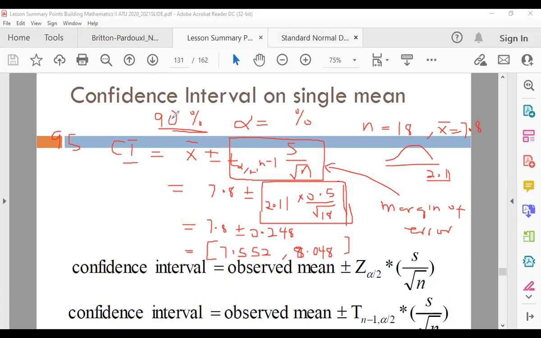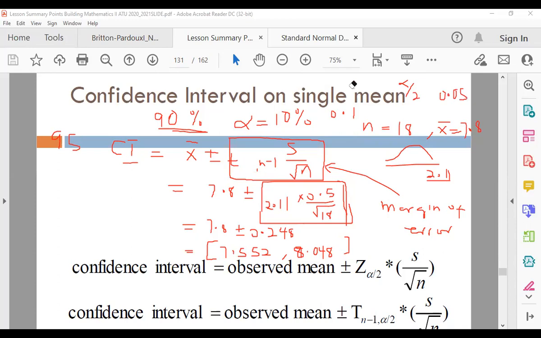If it's a 90% confidence interval, then our alpha is 10%, which is 0.1. Since confidence intervals are always two-tailed, we have alpha over 2, which will be 0.05.